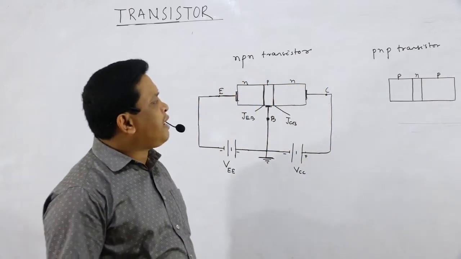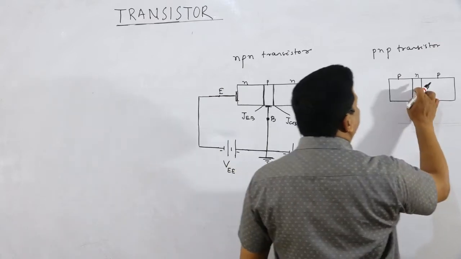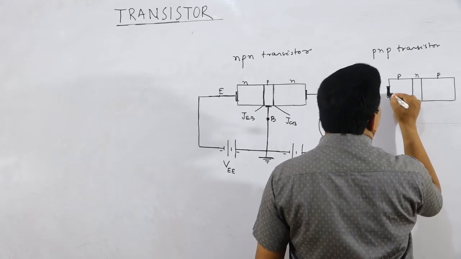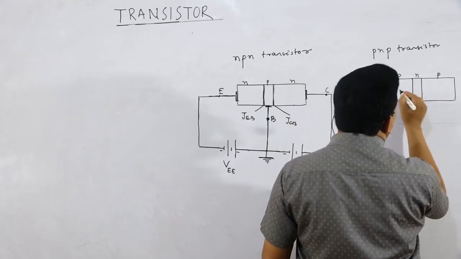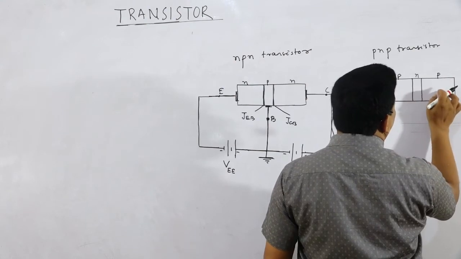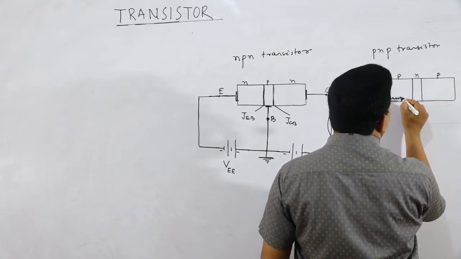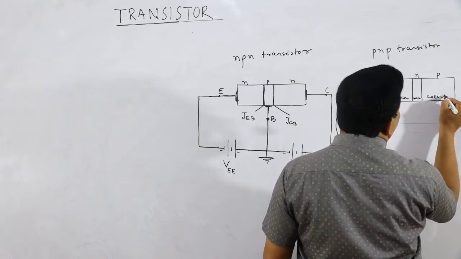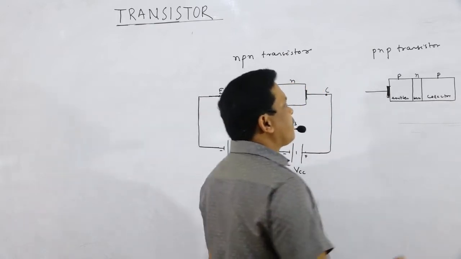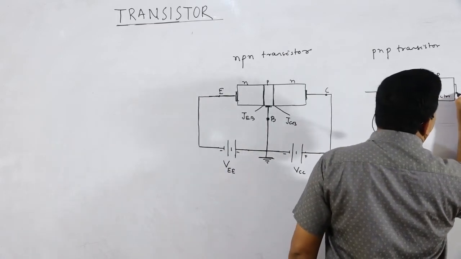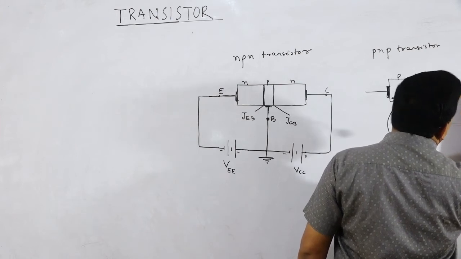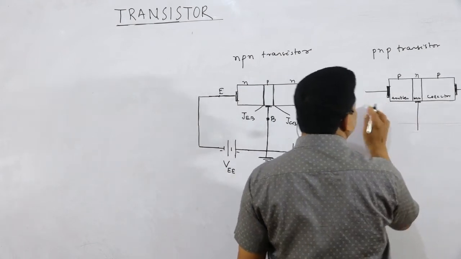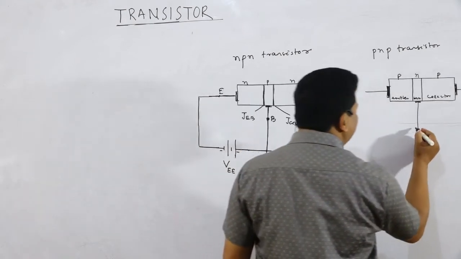So this is the emitter section, base section and collector section. So three sections and three metal terminals are attached here. Okay. So we can connect like this.